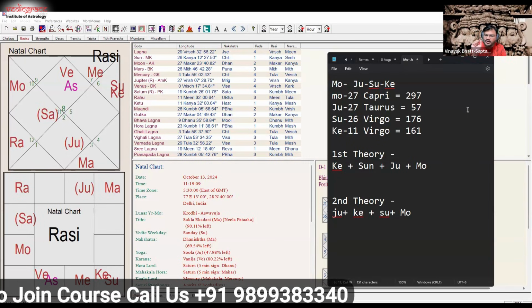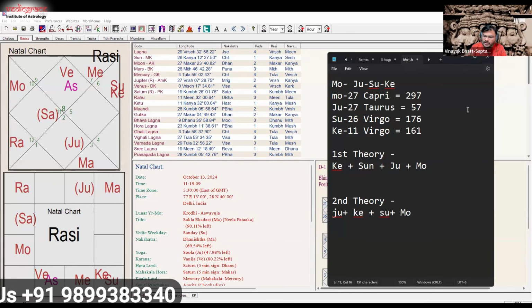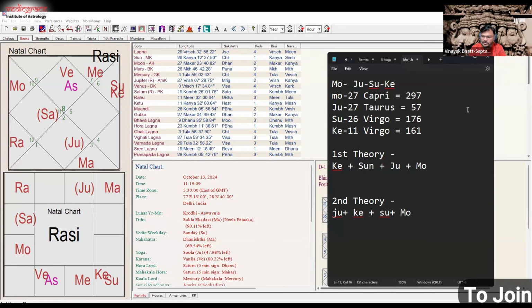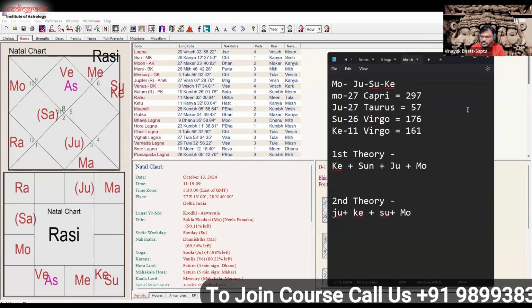We have given one term to it: Jiva Karaka. Write it down. Jiva means living. We call it Jiva Karaka planet. So Jupiter is always Jiva Karaka for male native. For female native, Venus is Jiva Karaka.